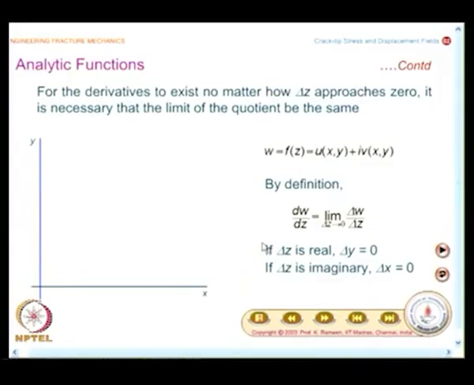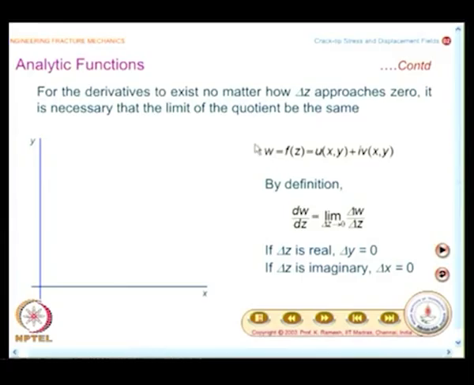When you say a function is analytic, you have a function w given as u of x comma y defining the real part plus i into v of x comma y, and z is your x plus i y.